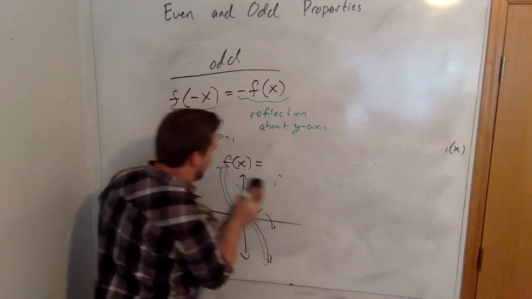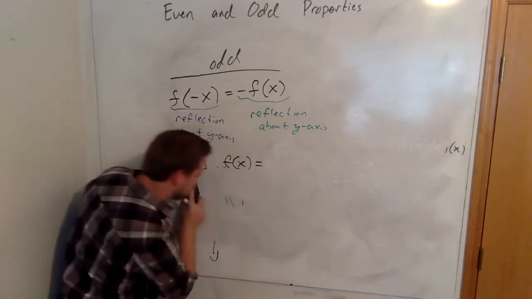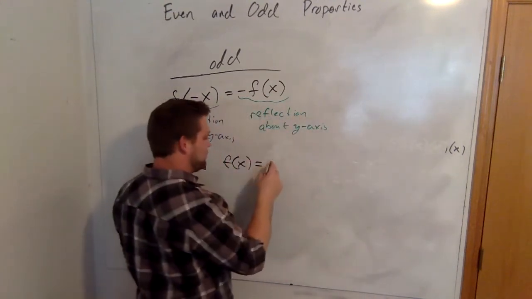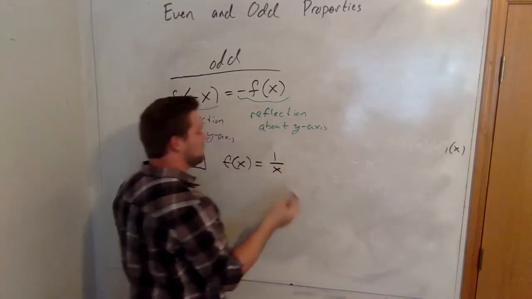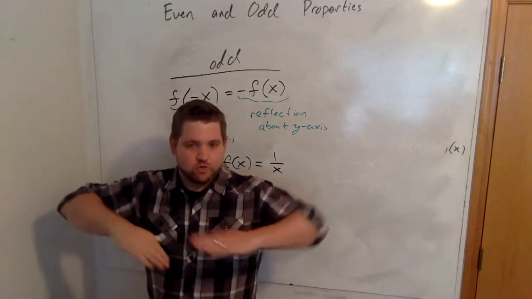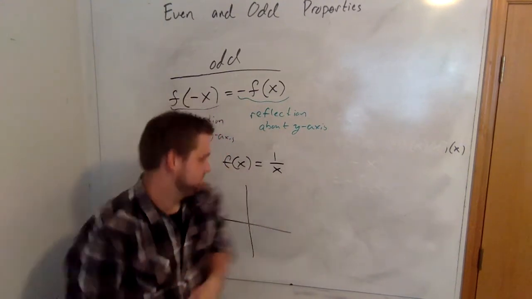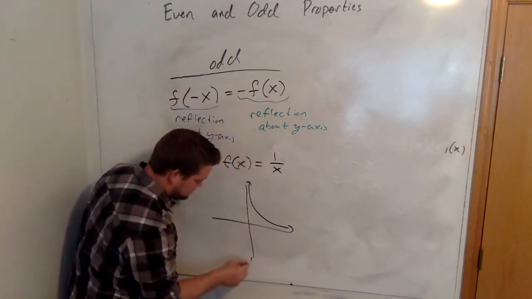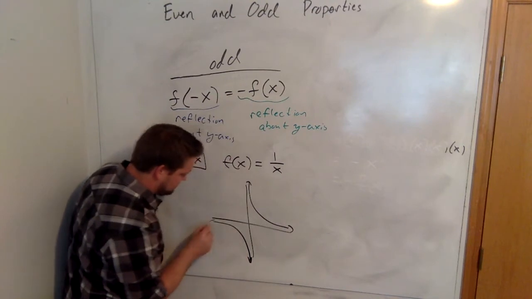How about 1 over x? Classic. 1 over x. Okay, I hope we know what this one looks like. This one looks like this. This is the classic 1 over x function here.